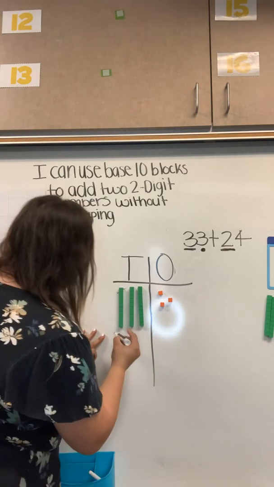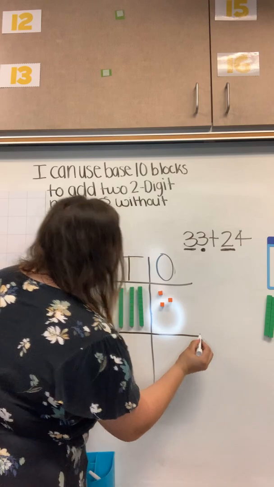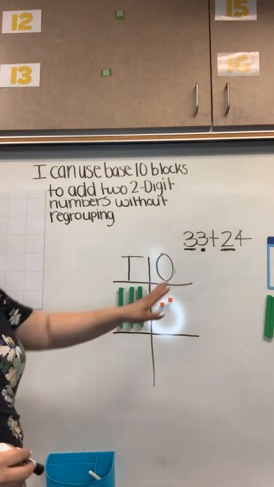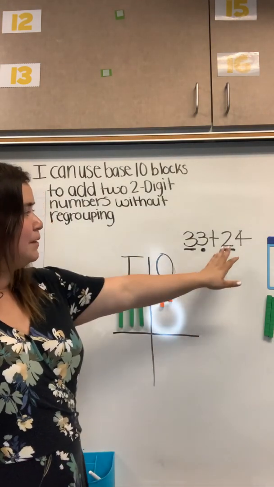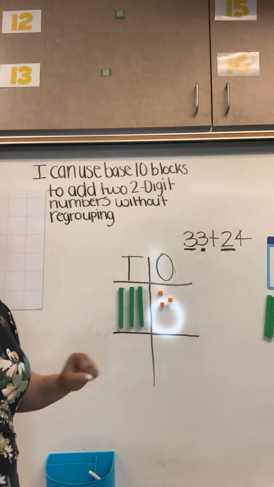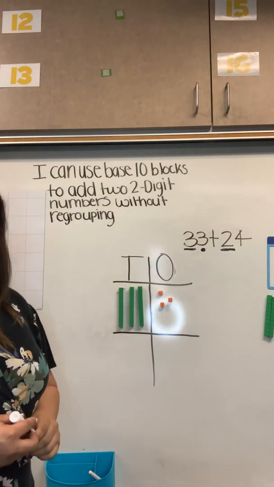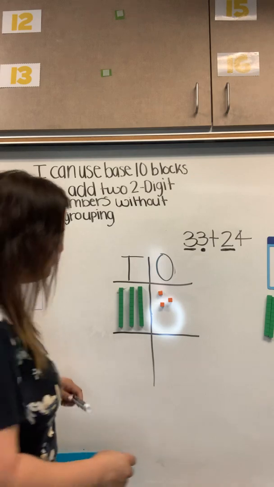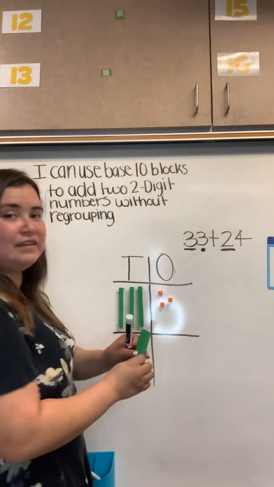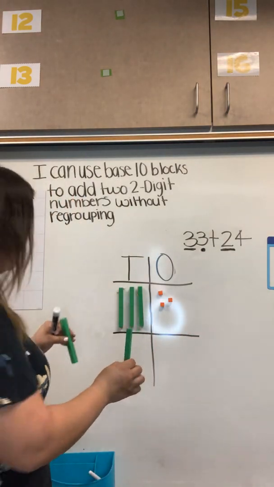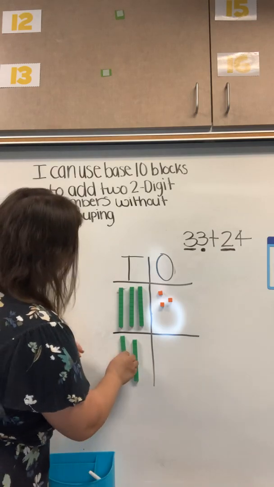I'm going to put a line underneath it, and we're going to do the same exact thing for the number 24. How many tens do we have in the number 24? 2. Good job. So we're going to get two 10 rods.